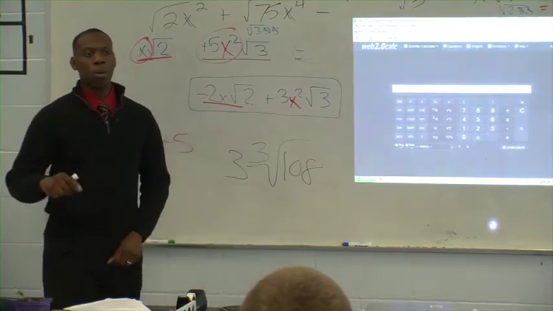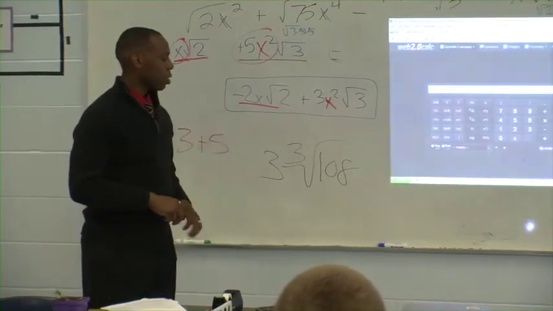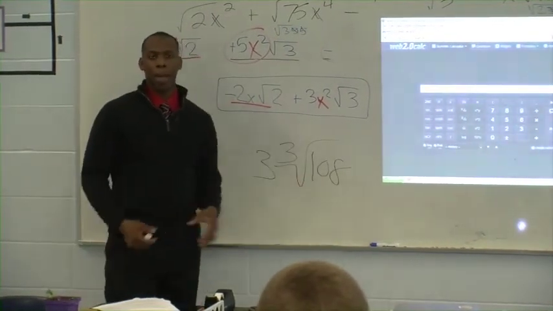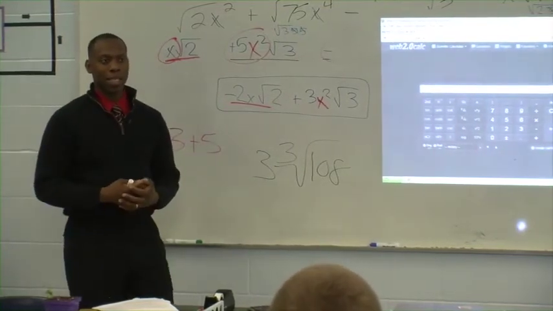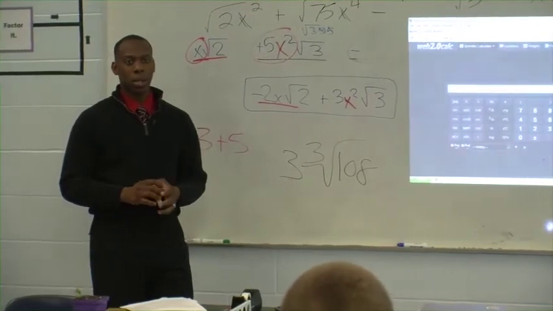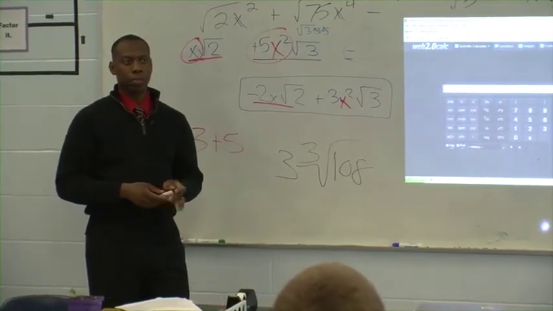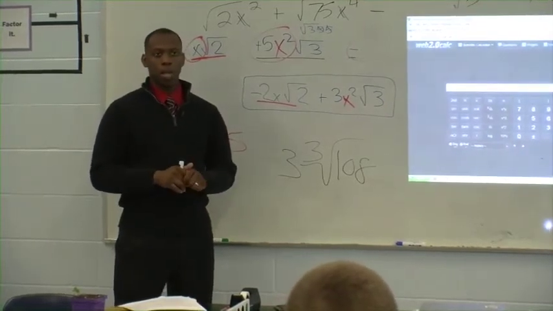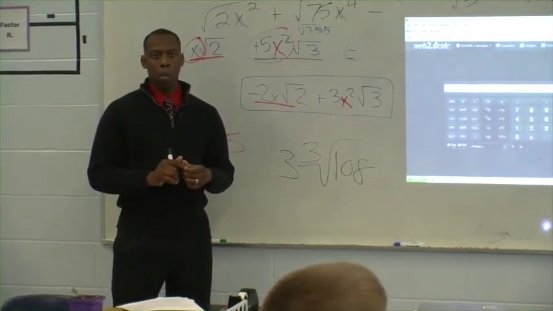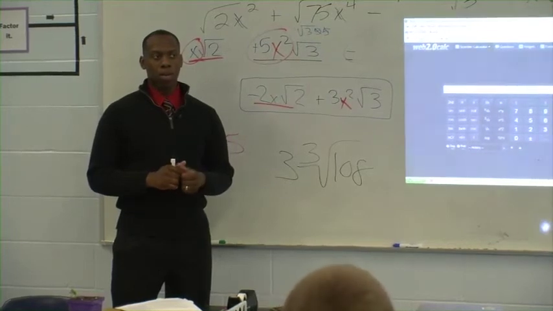You have your chart that you can also look at. What would I divide 108 by? 3, you get 36. 36 is 6 times 6, which is not a perfect cube, so that doesn't work. Can we think of something else?